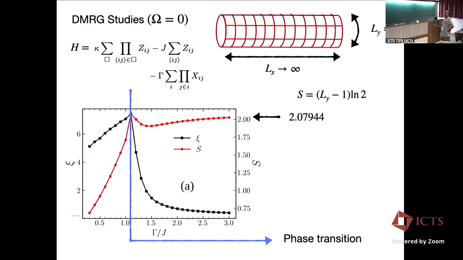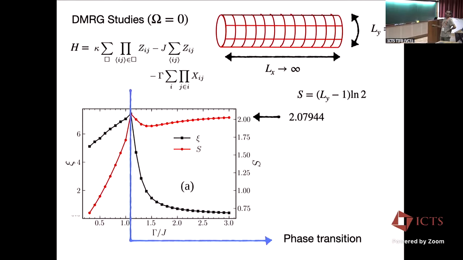And once you try to understand the numerical data, what I'm showing here is the bipartite entanglement entropy. So you see that at large gamma, this has an entanglement entropy which saturates to this value, which is what is predicted from the exactly solvable model of toric code.